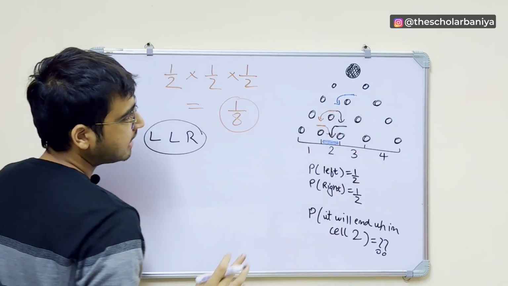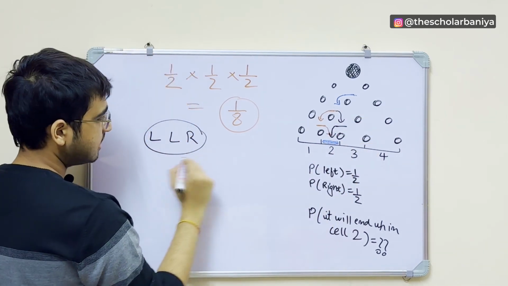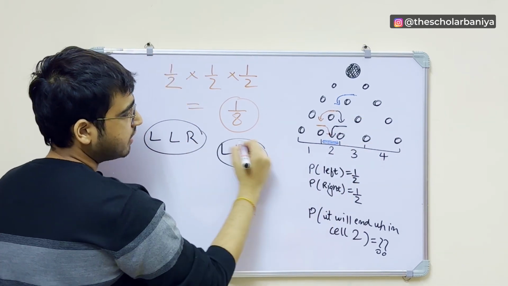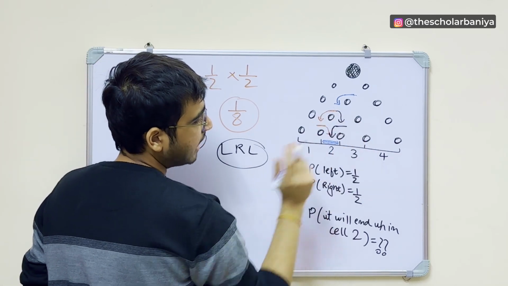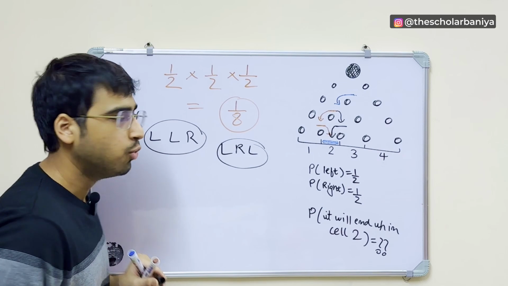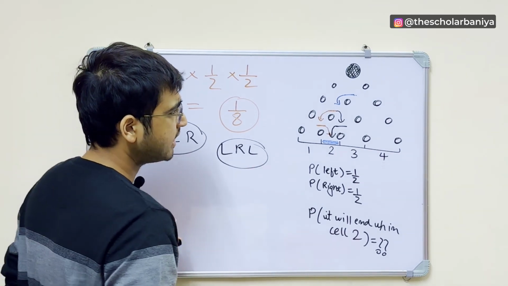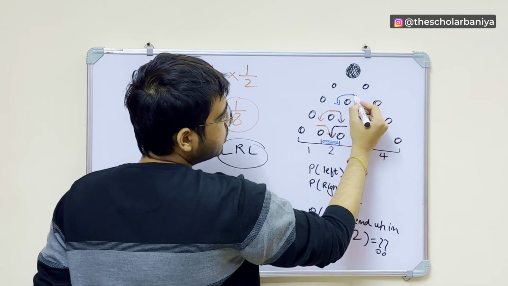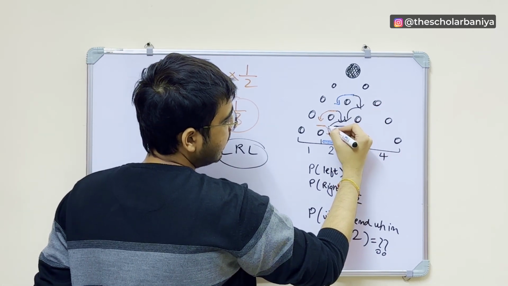If you talk about the second case, what is that? Left, right, left. Because it went towards the left, then it went towards the right, and then it again went towards the left. So left, right, left is another possible case. So now tell me one thing. If I move the ball over here, right, left, and then again left.